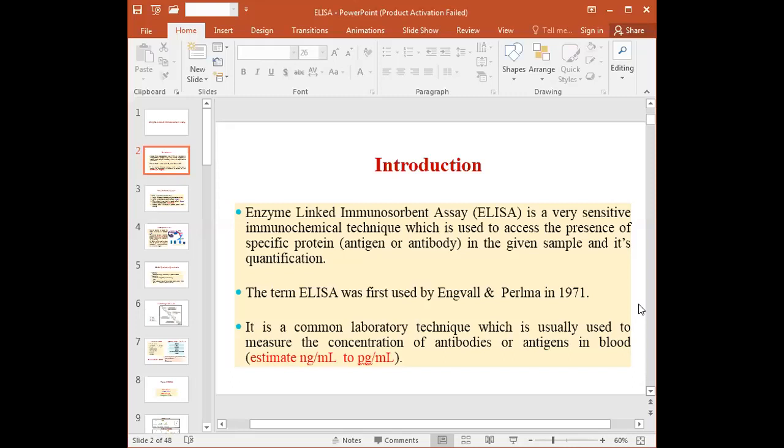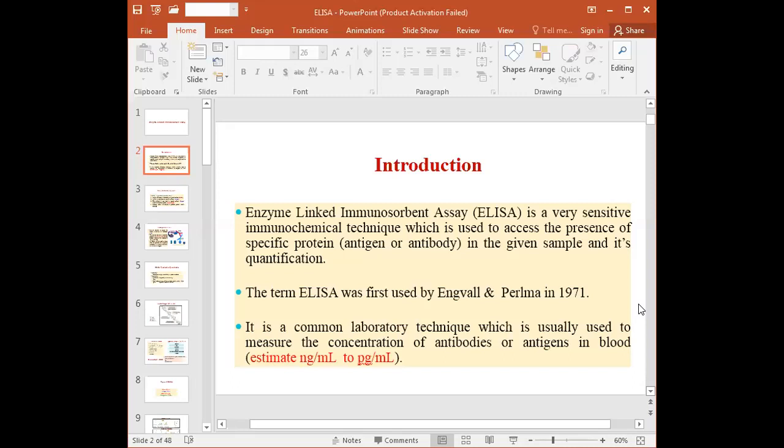This technique is also called solid phase enzyme immunoassay, as it employs an enzyme linked antigen or antibody as a marker for the detection of specific protein.